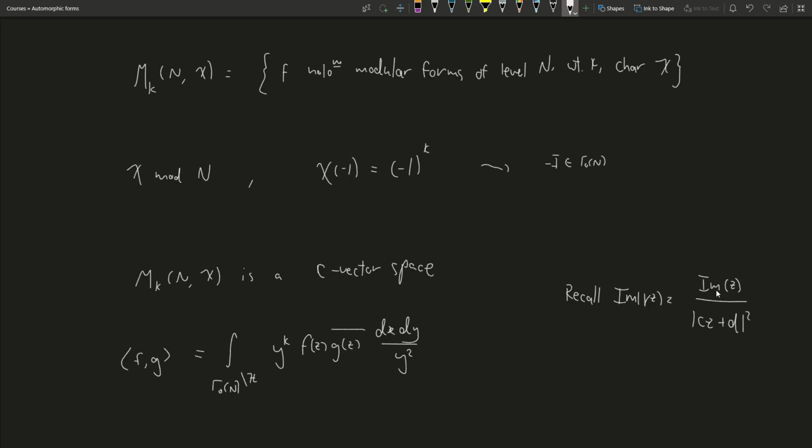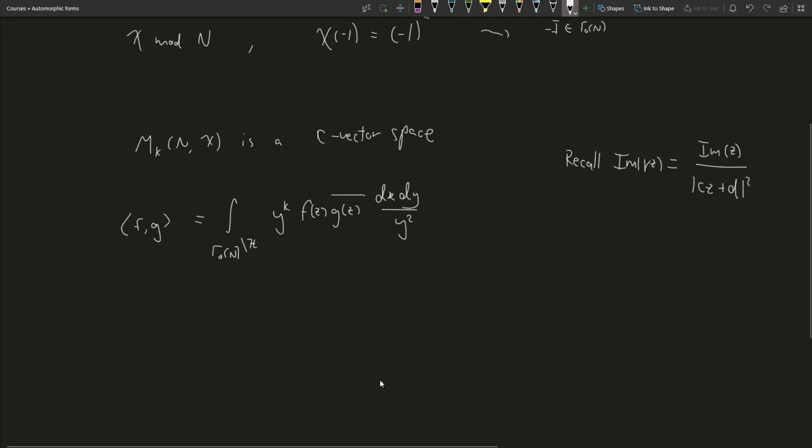This is some elementary calculation, and it's useful to keep this in mind. So this inner product is called the Petersson inner product.